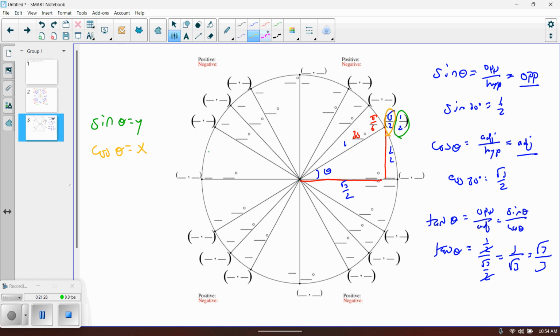And then the tangent, let's go with purple, is the sine over the cosine, so it is the y over the x value. Okay, and this is going to be that way all the way around the circle.